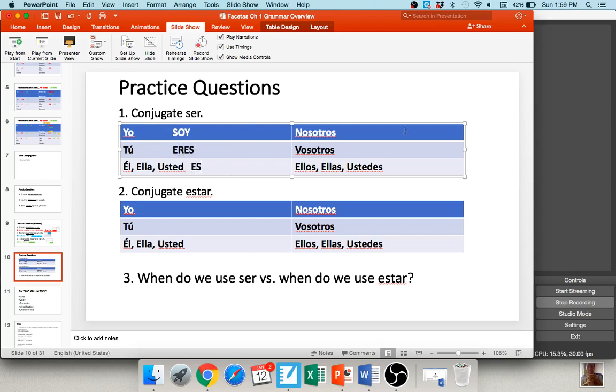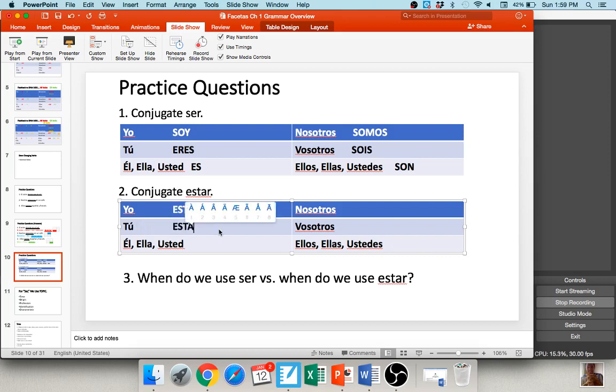For estar, we end up with estoy, estás, está, estamos, estáis, and están. If only I could type as fast as I could speak, that would be helpful. So you have these verbs, ser and estar, in their conjugated forms in the present tense.